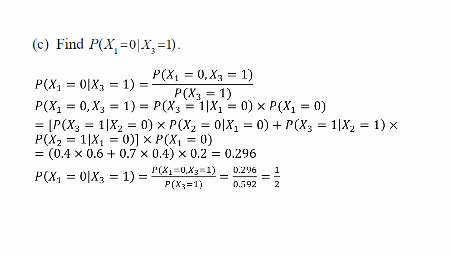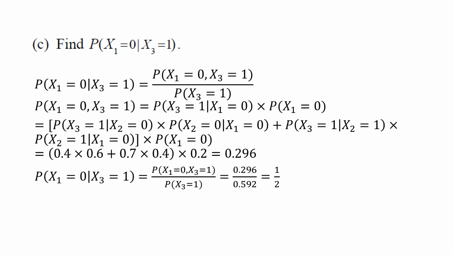The third sub-question is to find the probability of x1 equals 0 given x3 equals 1. So we know that this probability equals the probability of x1 equals 0 and x3 equals 1 divided by the probability of x3 equals 1.